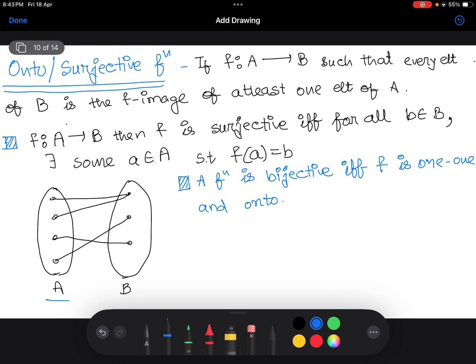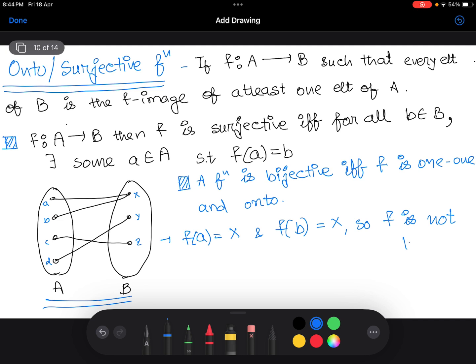Is this function one-one and onto, a bijective function? No, because for different elements of A we are getting the same images. Let's say this be A, B, C, D, and this be X, Y, Z. Here f of A is equal to X and f of B is also equal to X. So for different elements of A we are getting the same values, so f is not one-one.